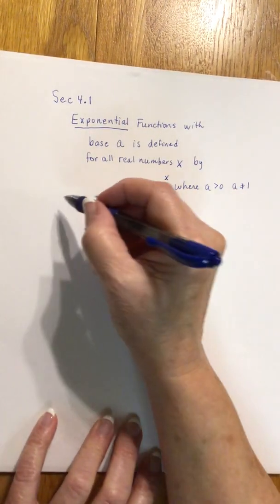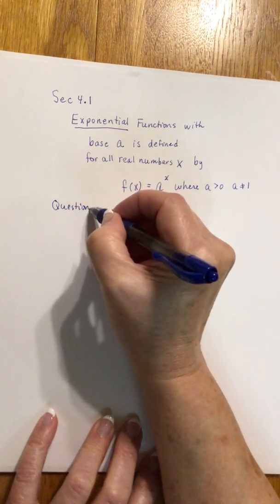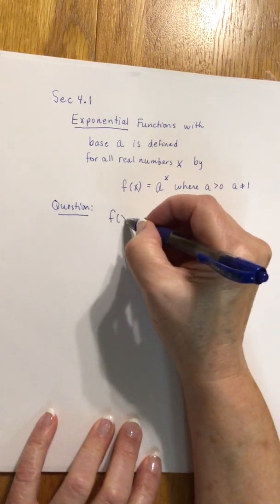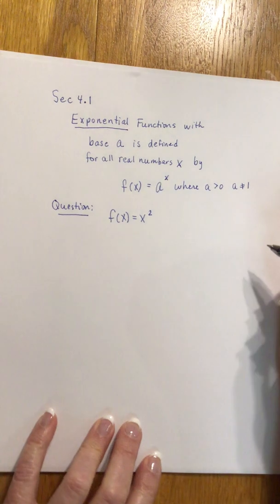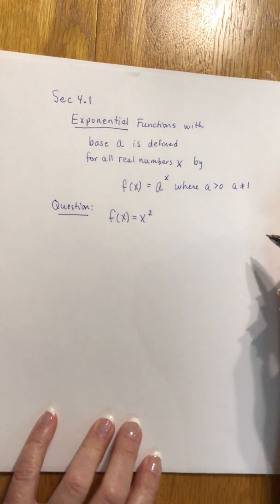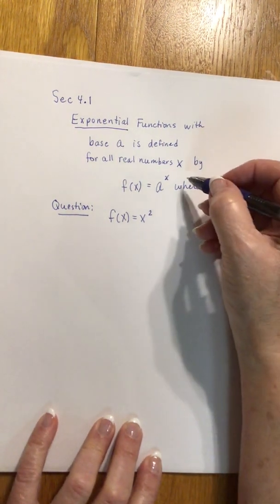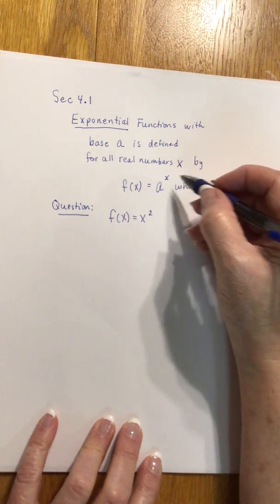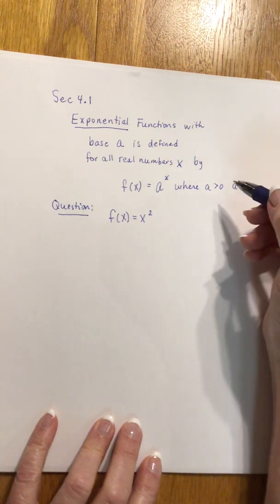So now let's ask a question. Is this an exponential function? True or false? It's got an exponent. So what did we say had to be true for it to be an exponential function? The variable, the x, has to be where? In the exponent. So does this one have the variable in the exponent?